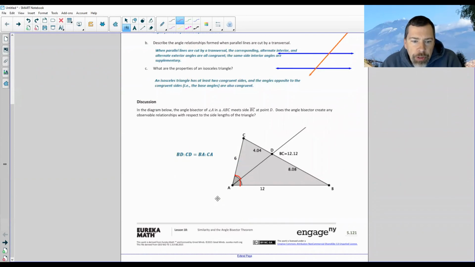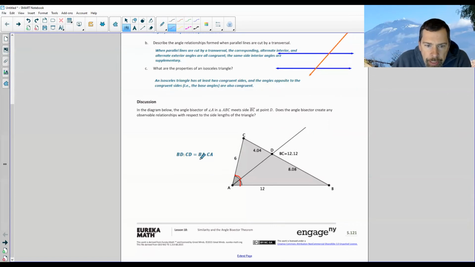Okay, so here's what we know. We know that when that happens, BD is to CD equals BA to CA. So in this situation, if BA is 12 and CA is 6, that's a 12 to 6 relationship, or reduce that to 2 to 1.